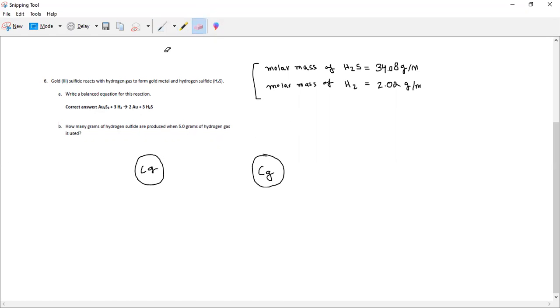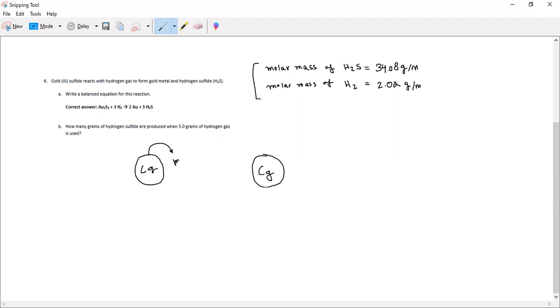If we have a compound in terms of grams, in relation to another compound, and we convert it to moles, we'll need the molar mass to do that.